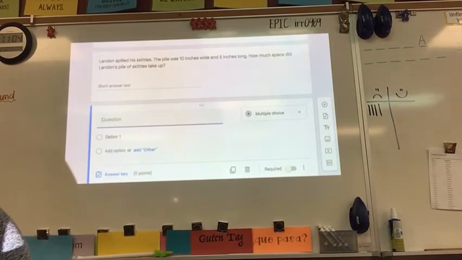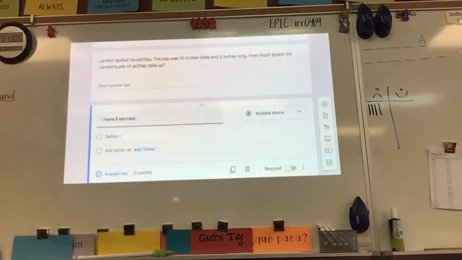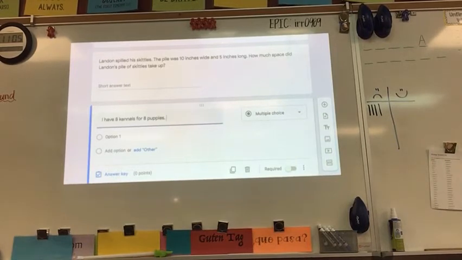I have 8 kennels for 8 puppies. And what are you measuring?